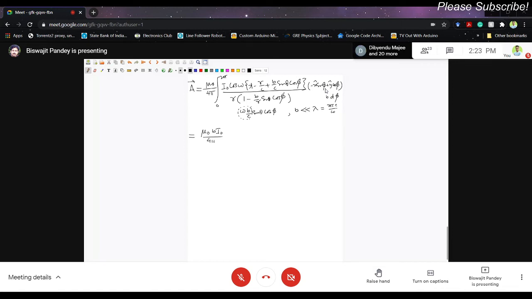R also has nothing to do with the integration, so I keep that outside. Then the integral from 0 to 2 pi, with 1 minus b by r sin theta cos phi in the denominator. B by r is a very small number, so you can Taylor expand it. If you take this to the numerator, that will become 1 plus b by r sin theta cos phi, right?